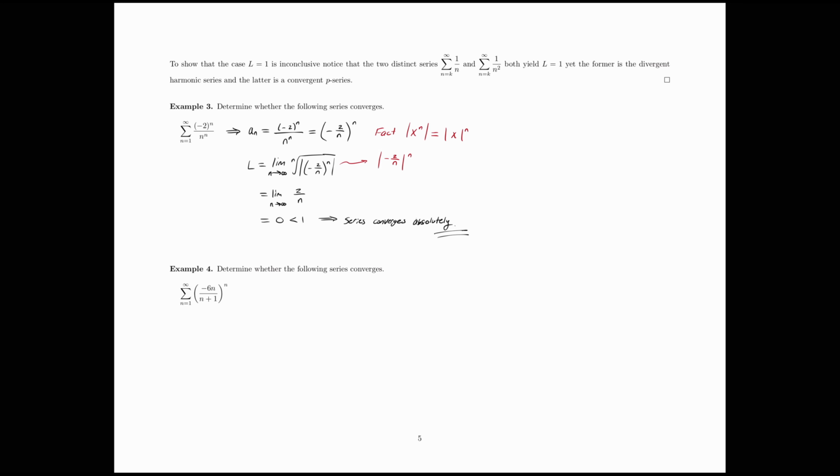Example 4. Determine whether the following series converges. So this one, again, let's just jump to the root test. So the nth root of the absolute value, and remember, we can exchange the absolute value and the exponentiation. We can flip that order, so we can get rid of this n and make this absolute value to the nth power. So let's write it like that.